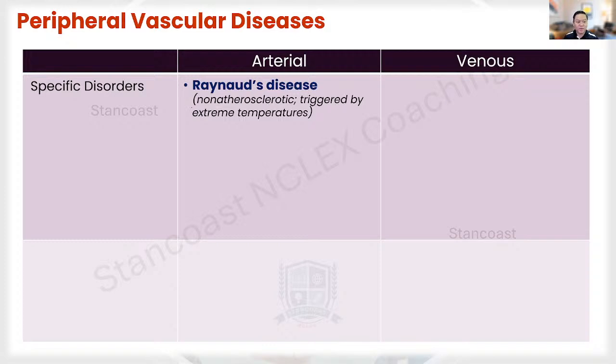That is why it is referred to as a non-atherosclerotic type of disease. Take note that Raynaud's disease is triggered by extremes in temperature. Please take note of that. This is your clue. It's not really related to atherosclerosis. However, it will be triggered by extreme cold or extreme heat, and this will reduce the blood flow to the extremities.